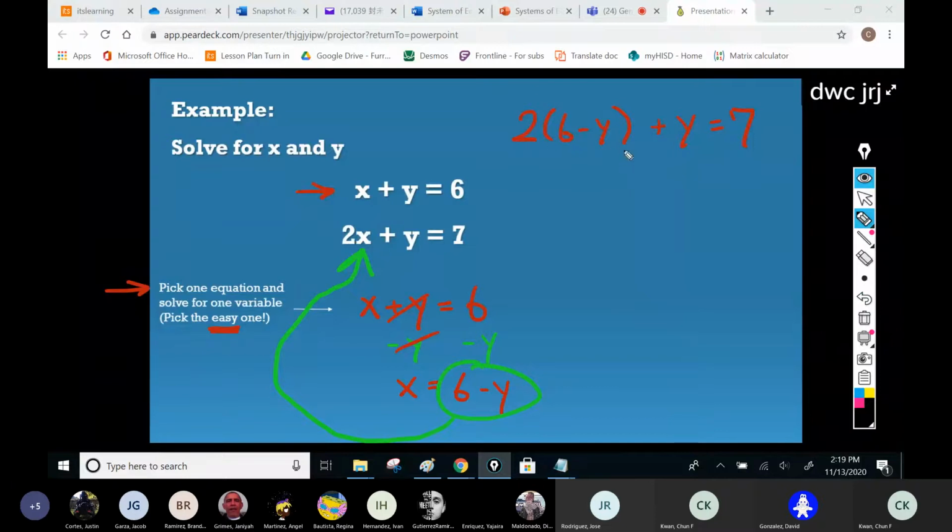All right, now let's fix it up to make it a little better. So you will distribute the 2. 2 times 6 is 12, and then 2 times minus y is negative 2y.